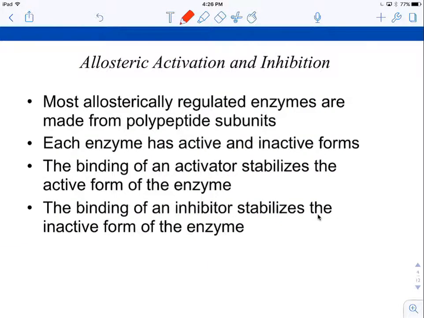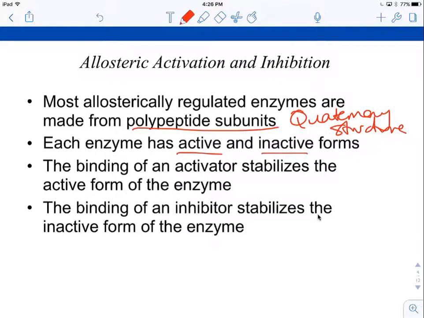Most allosterically regulated enzymes are made from polypeptide subunits, which means they have quaternary structure. So they are large, complex enzymes. Each enzyme that's allosterically regulated has both active and inactive forms.